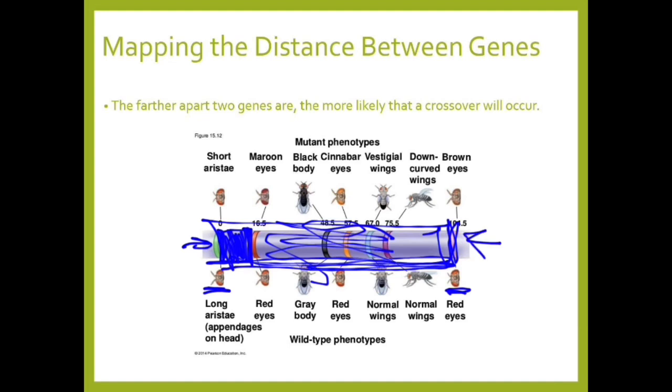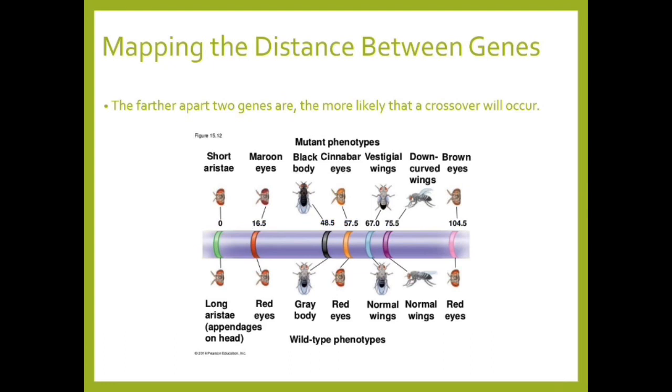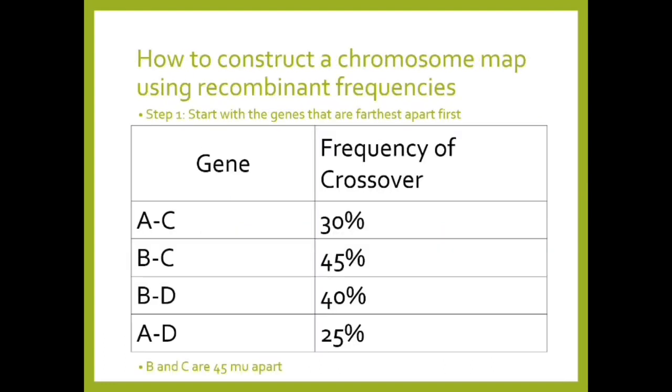Now, how we create a gene map is we use the recombination frequency. The first thing we're going to do is start with the genes farthest away. I'm going to look at this one, and the highest frequency is 45. So B and C are my genes that are farthest apart.